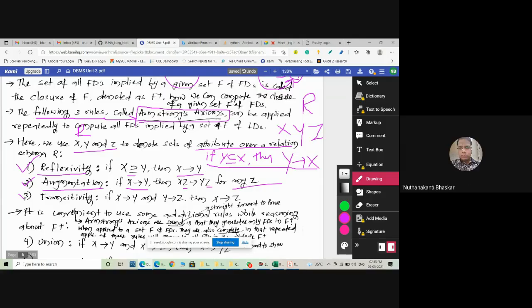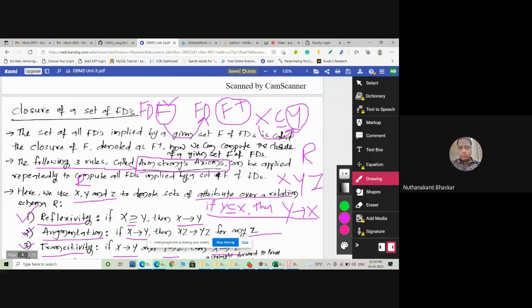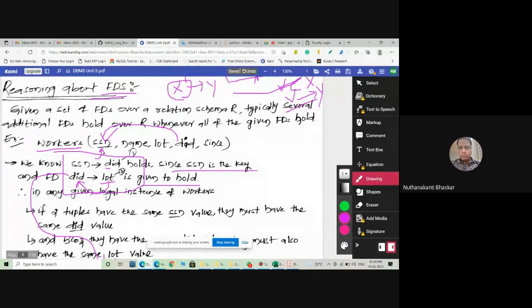Right. So the third Armstrong axiom. Please, these formulas are very important. Please remember and note them down. In examination they will ask, and we can use these formulas for normalization. Transitivity means if you have identified X determines Y and Y determines Z, then we can write X determines Z. Just now we discussed SSN determines DID, DID determines LOD, so SSN determines LOD.